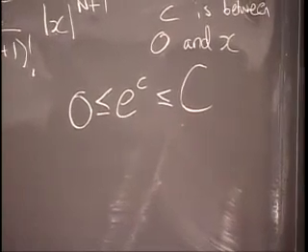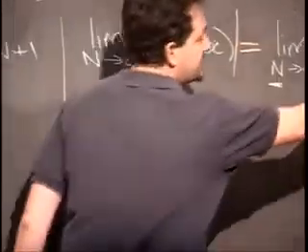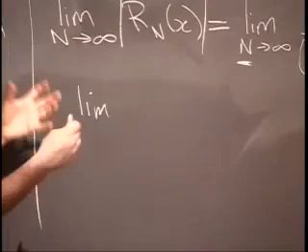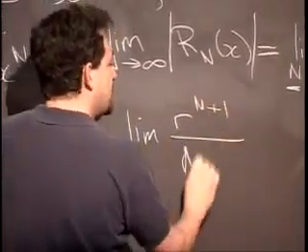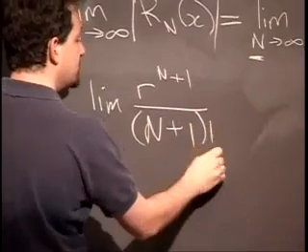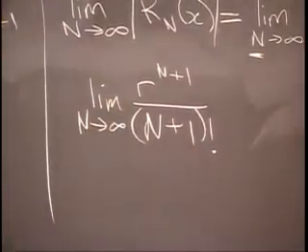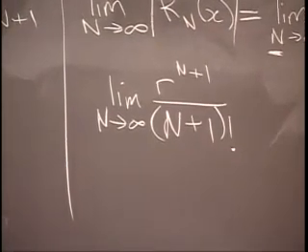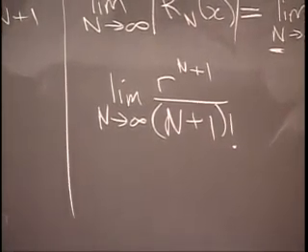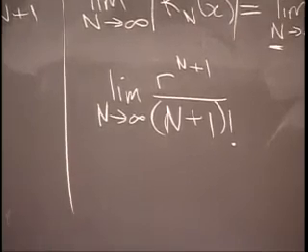Now we're going to use the sandwich principle. What I want to know is, what is the limit of, let's replace absolute value of x by r so that we're not confused about anything, r to the n plus 1 over n plus 1 factorial? What do you think this limit is? Well, it's an exponential on the top, but it's a factorial on the bottom. And it turns out factorials grow much faster than exponentials.